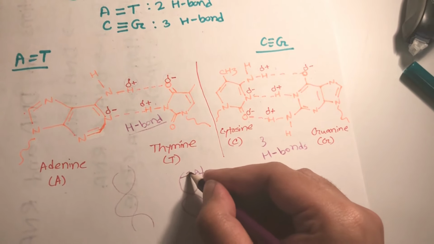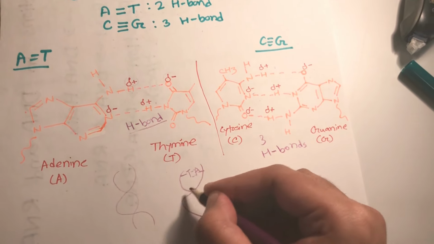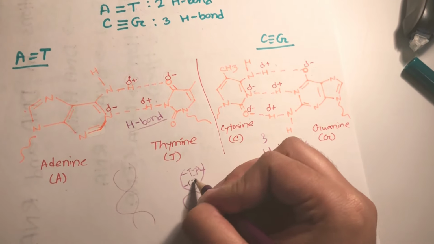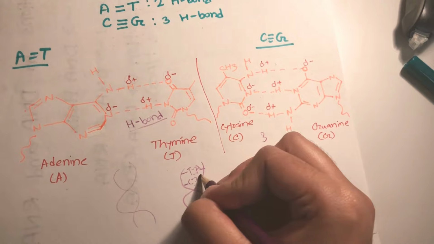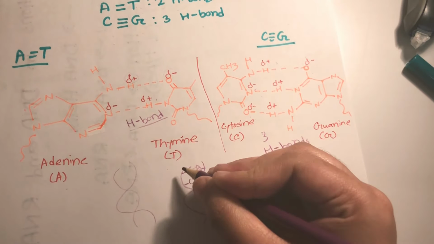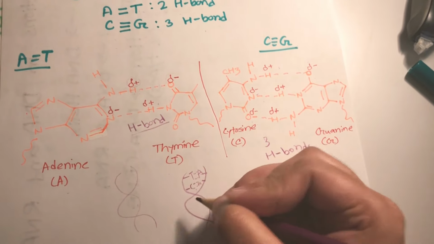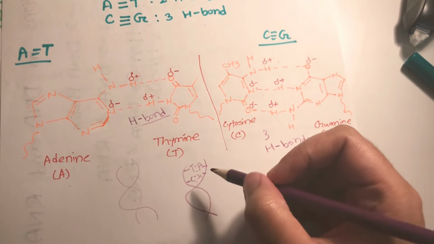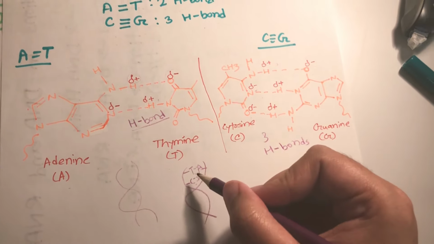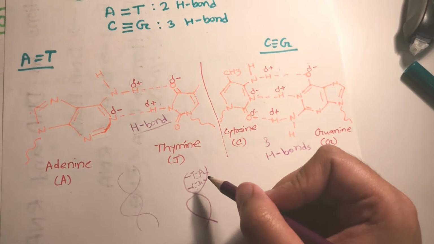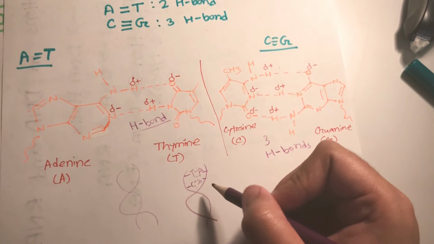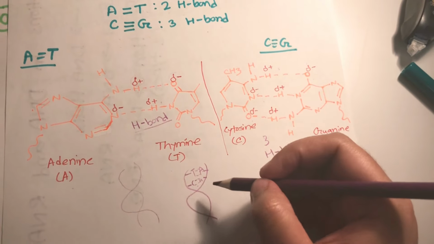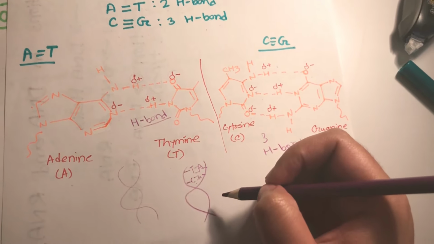There will be two hydrogen bonds between adenine and thymine and three hydrogen bonds between cytosine and guanine, and thus these two anti-parallel strands are attached to each other by hydrogen bonds between the nitrogenous bases present in each of the DNA strands in order to form the DNA helix.